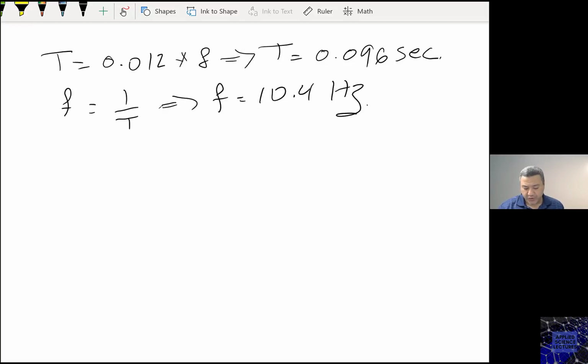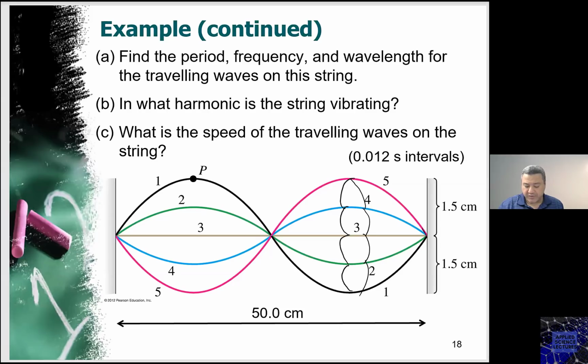The wavelength, we know that the length of one cycle is the wavelength, and here we have the wavelength lambda equals 50 centimeters, because we can see that this full cycle is 50 centimeters. Or you can also say that this is resonating with the second harmonic.